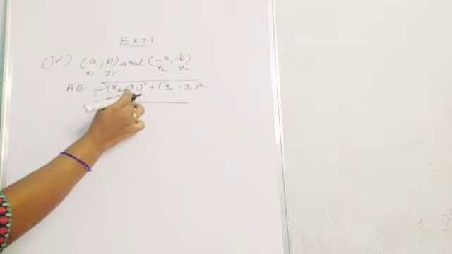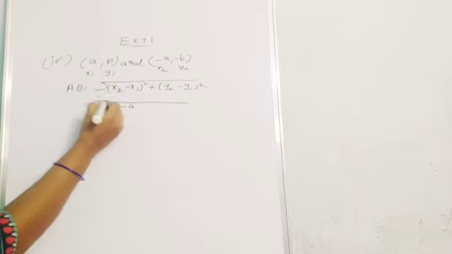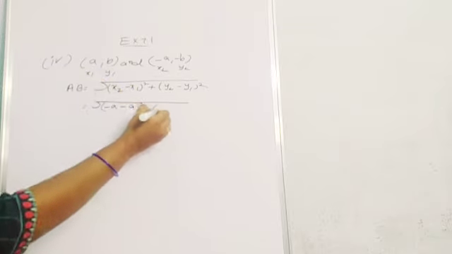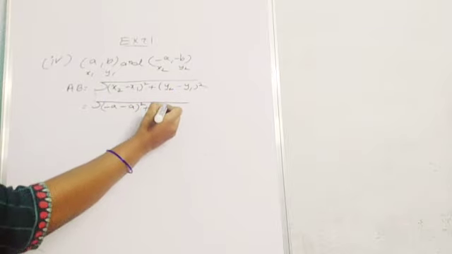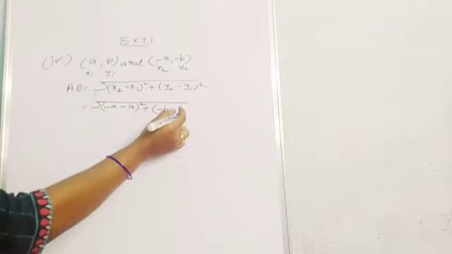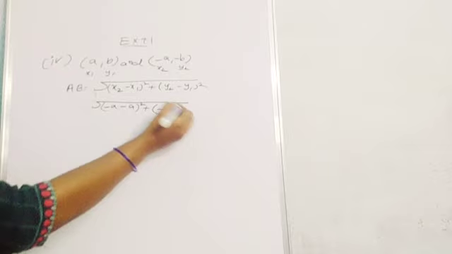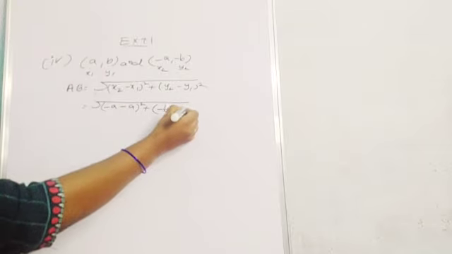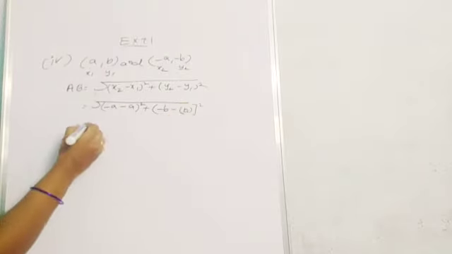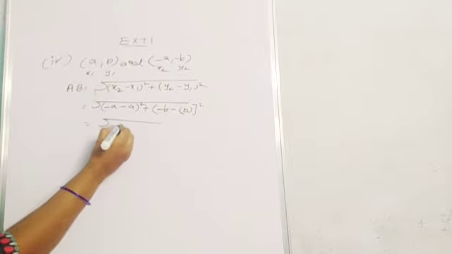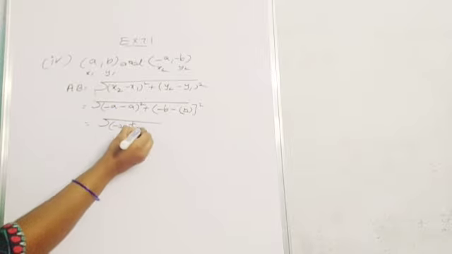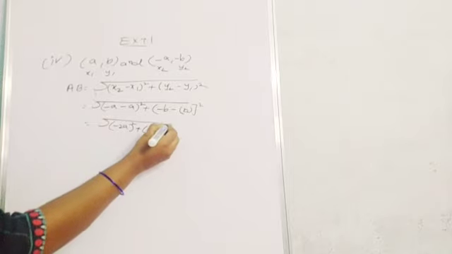Minus what is the value for x1 here? a. So whole square plus y2, which is minus b, minus y1, which is b, whole square. So (minus a minus a, that is minus 2a) whole square plus (minus 2b) whole square.